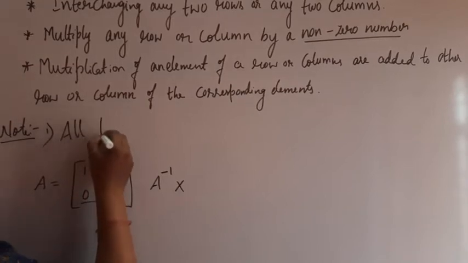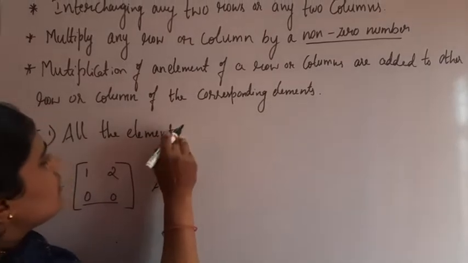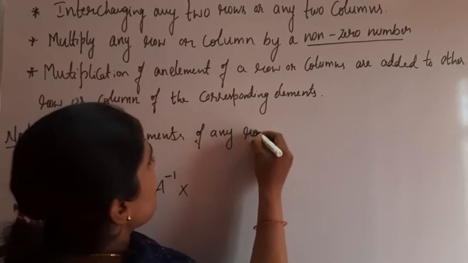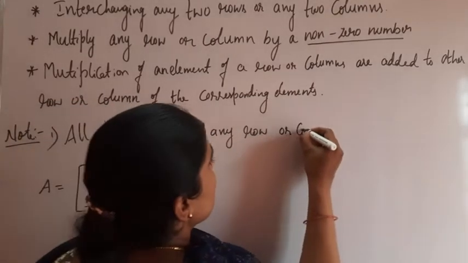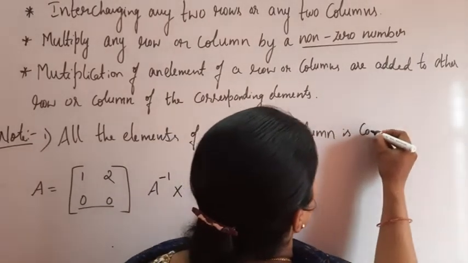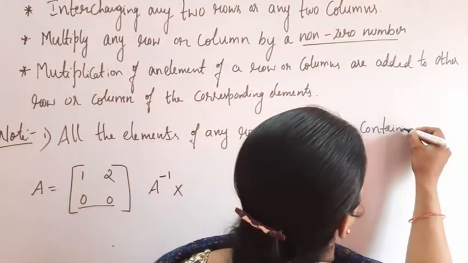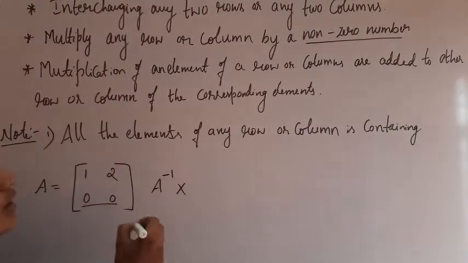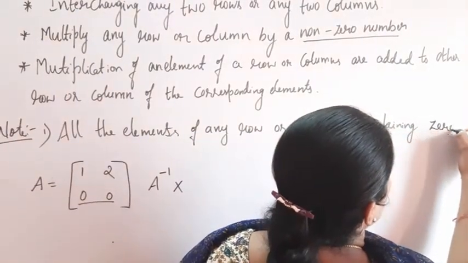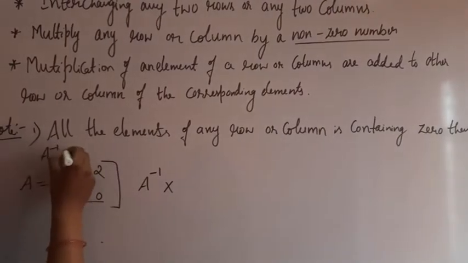If all the elements of any row or column are 0, then A inverse does not exist.